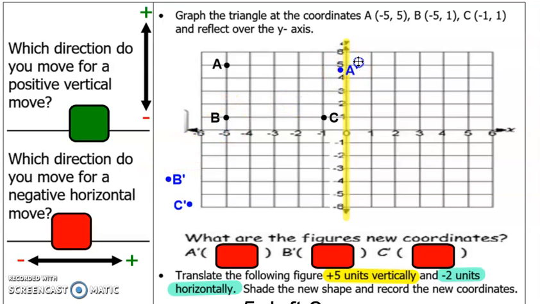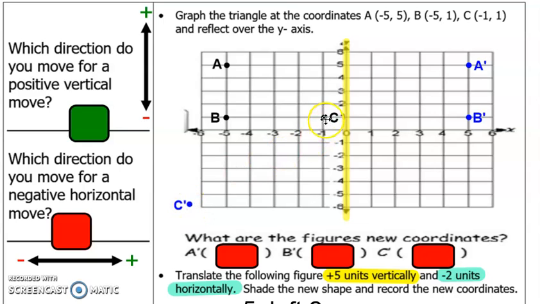So A prime is just going to be 5 units from the y-axis in the opposite direction. Point B is also 1, 2, 3, 4, 5 units from the y-axis. So I know B prime is going to be 5 units from the y-axis in the opposite direction.